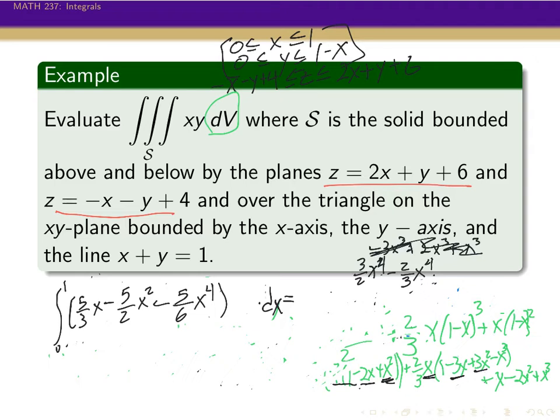So, integrating 5/3 x, this is going to be 5/6 x squared minus 5/6 x cubed minus 1/6 x to the 5th.